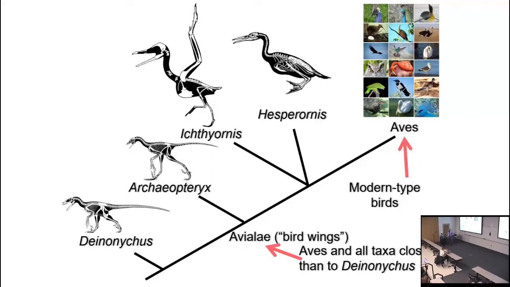At the time Gauthier was writing, there were really only three well-described members of Avialae other than Aves. There were some others that were known, but they weren't well-described. We'll encounter them all in this lecture. Part of this lecture may spill on to Friday, but I was planning on that. These would be Archaeopteryx, Ichthyornis, and Hesperornis: a late Jurassic and two late Cretaceous forms.